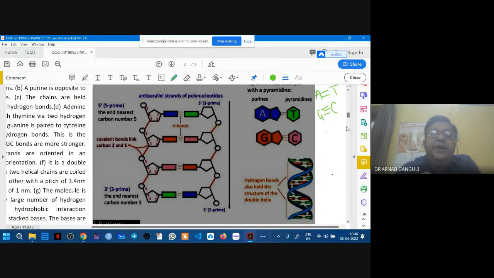If this is the 5 prime end and this is the 3 prime end, these hydrogen bonds are formed between the parallel strands. When you're talking about double stranded, you have the 5 prime end over here and the 3 prime end over here. One strand is in this direction, the other is in the reverse direction. So this is known as anti-parallel configuration.